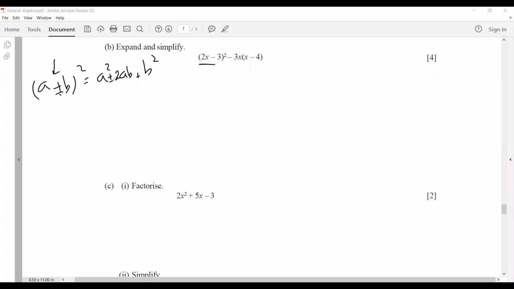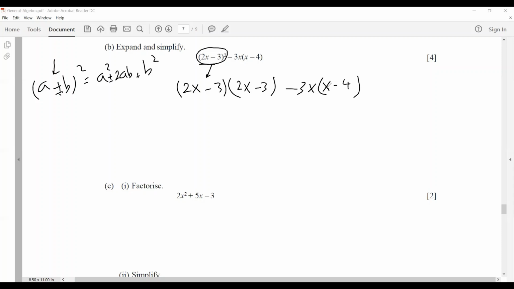However, if you don't know this formula in the exam, or you have forgotten it, don't panic, because you can still do it the old-fashioned way, which is to expand this and say, okay, something squared means I have to multiply it by itself twice, isn't it? And then you write down the rest of the expression.